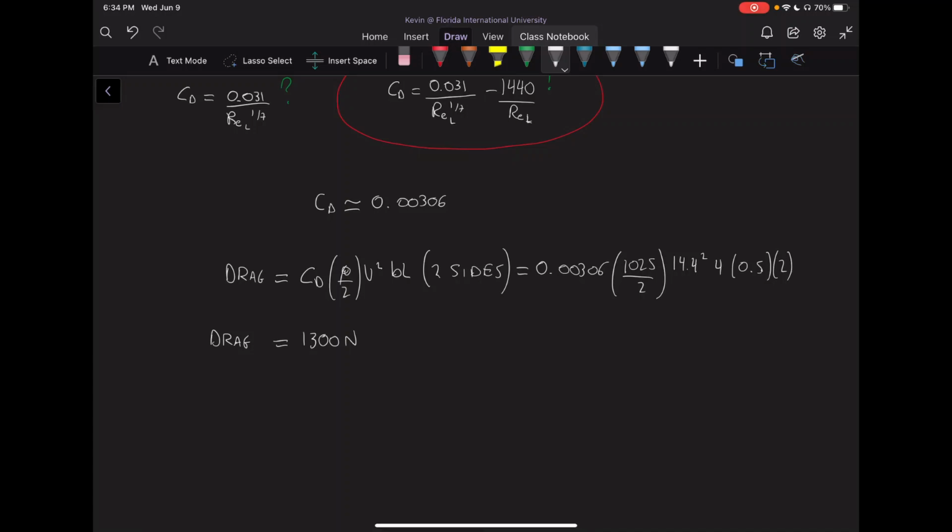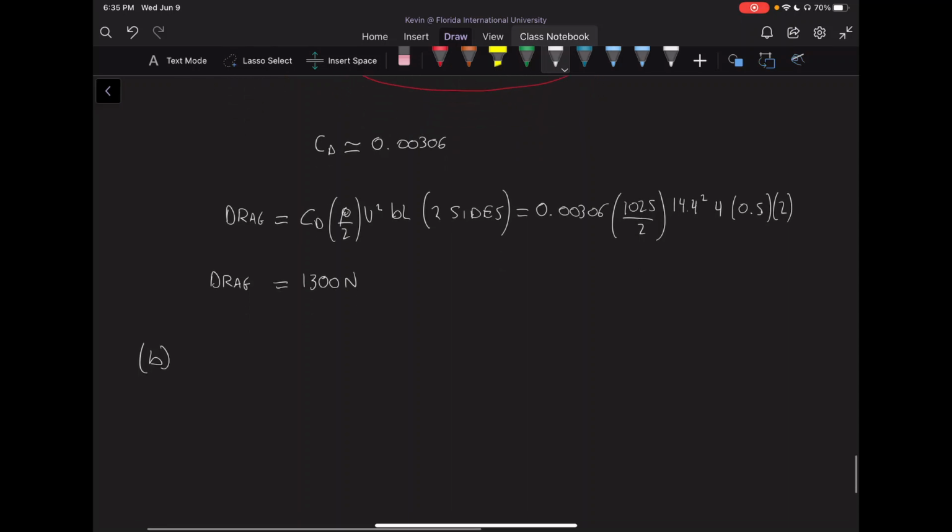Now, in part B, we're going to focus on the rough plate. If we have a rough plate, we can say that for the rough plate, we have an L over epsilon of 500 over 0.3, and this is equal to 1667. Now that we have a rough plate, we know that we are not going to be in this transition region.